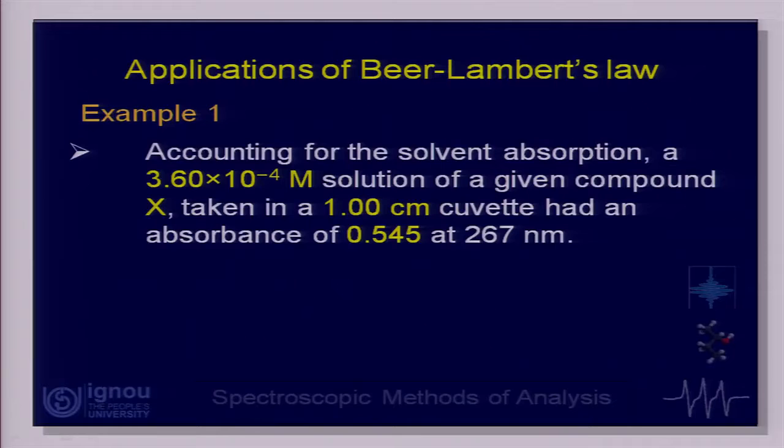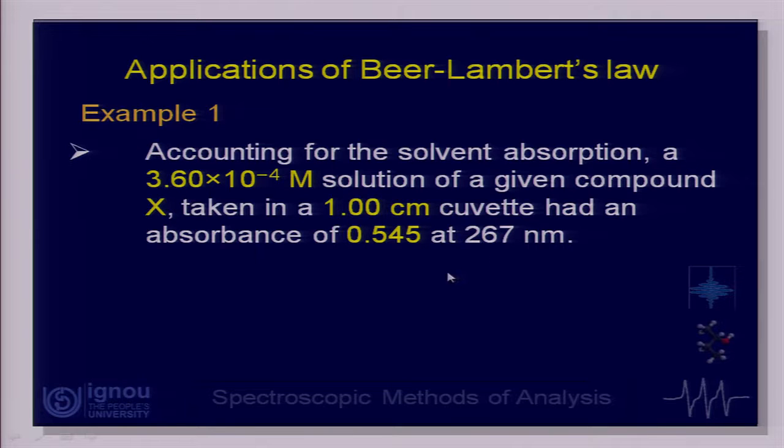Let us try to solve some simple problems based on Beer-Lambert law, and the first problem we take up is accounting for solvent absorption. A 3.6 × 10⁻⁴ molar solution of a given compound X taken in a 1 centimeter cuvette had an absorbance of 0.545 at 267 nanometer.